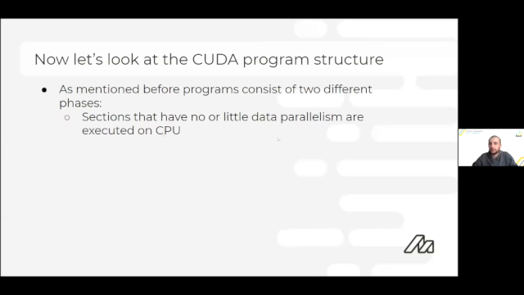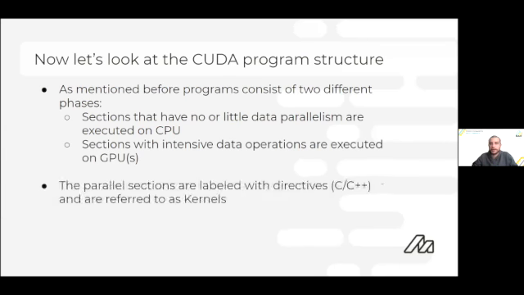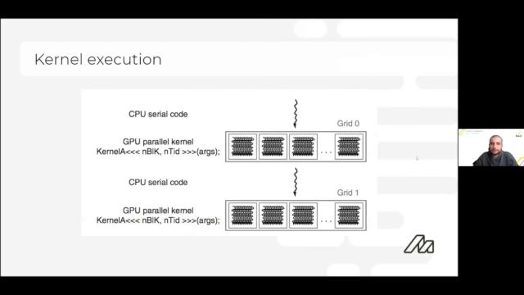So the host should handle those, because GPUs are not designed to do those things. And those sections that are data intensive should be happening on the GPU. And we can essentially mark and label these different sections through directives that are provided by the CUDA programming API.